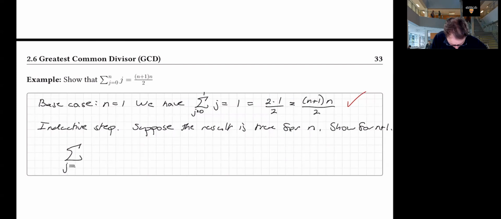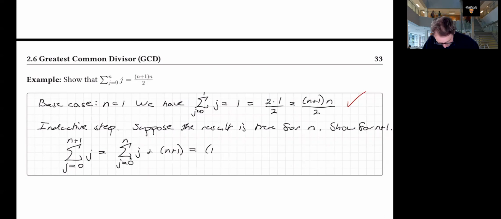So for n plus 1, we have the sum from 0 to n plus 1 of j. That can be written as the sum from j equals 0 to n of j plus the final term, which is n plus 1. Then we apply the inductive hypothesis, which is that it holds for n. And so that's just going to be (n plus 1) times n over 2 plus that last term, n plus 1. And then we make a common denominator.